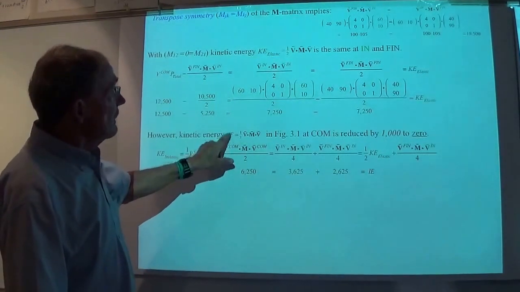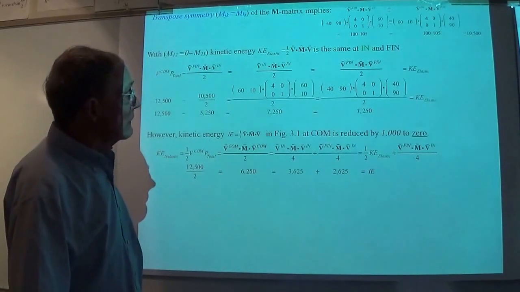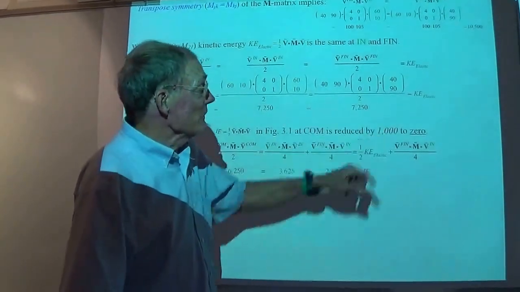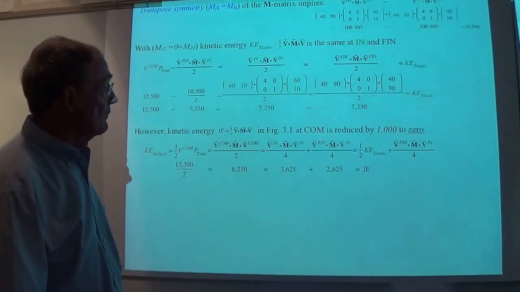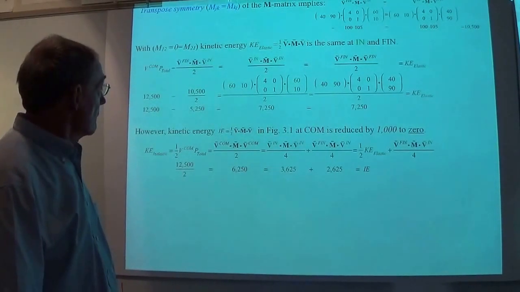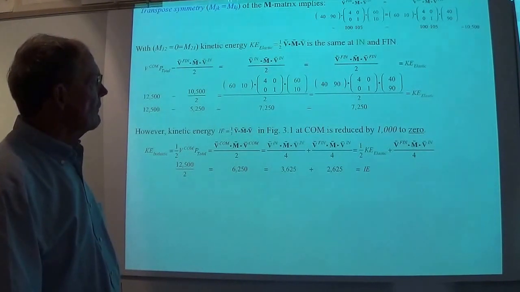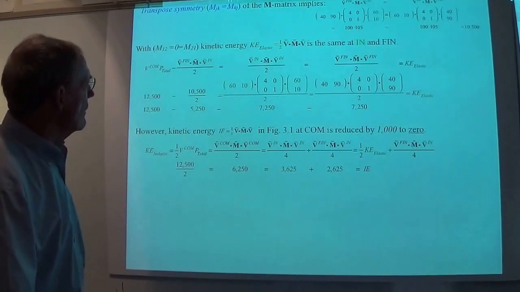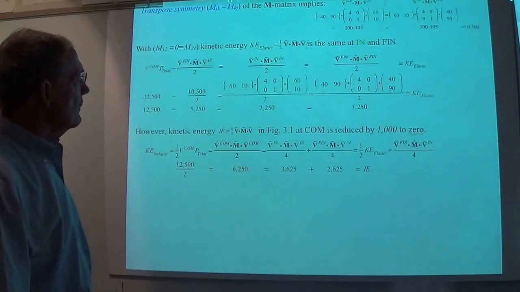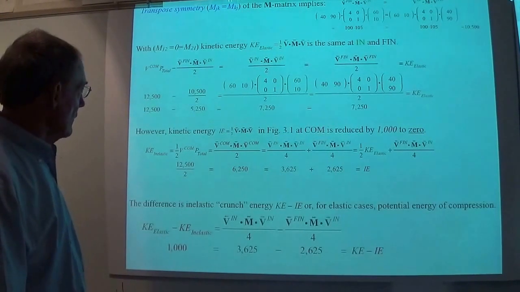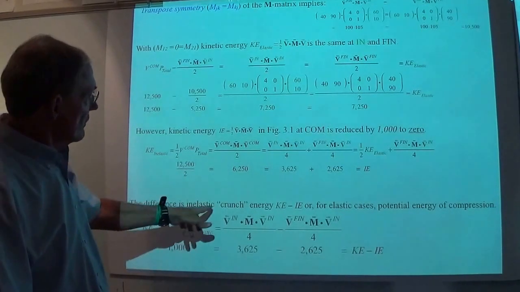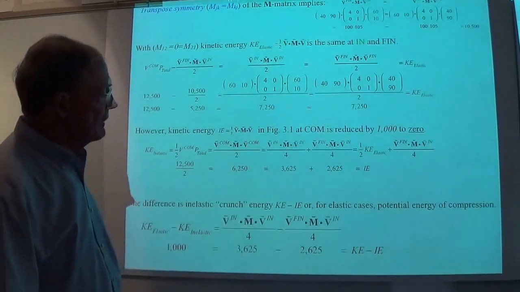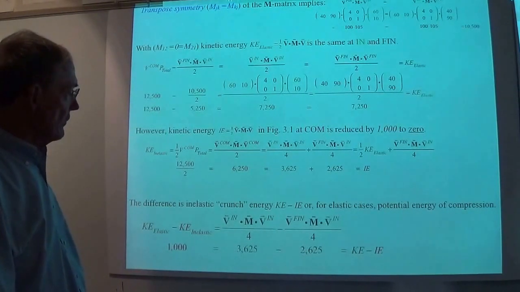Kinetic energy and the inelastic, this is reduced by 1,000. When we take that, let's see if what I'm actually saying here, in the figure that shows those two ellipses, it is giving us the difference in inelastic crunch energy for these cases.